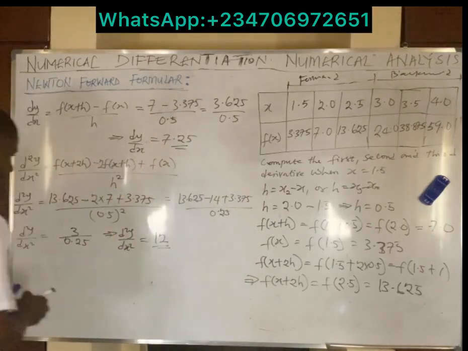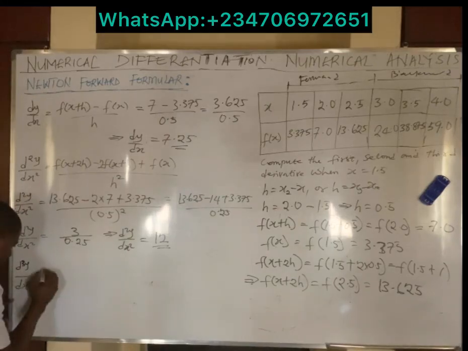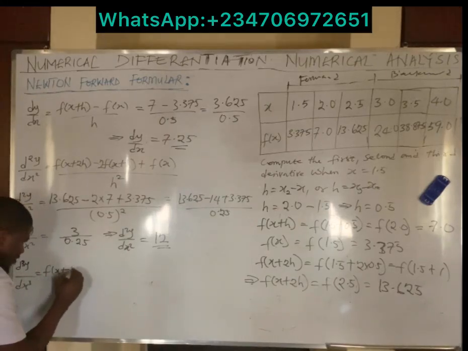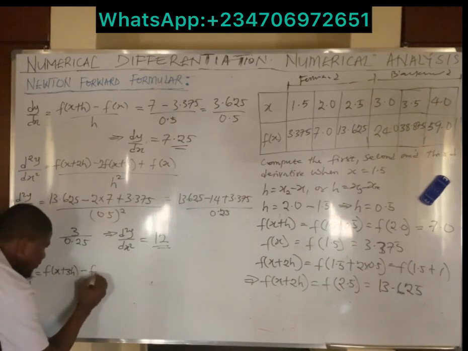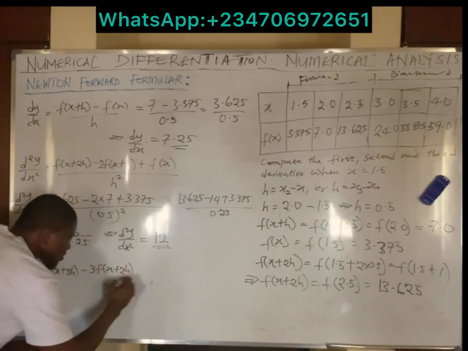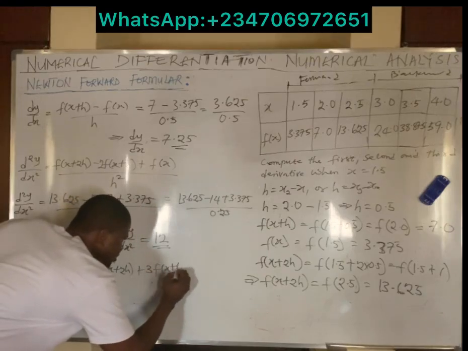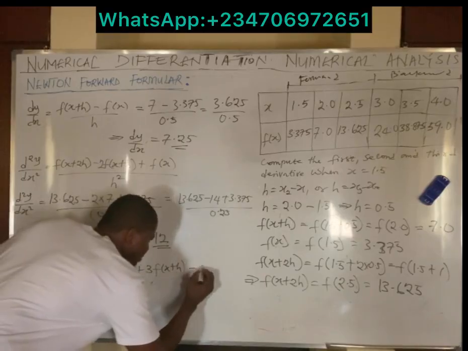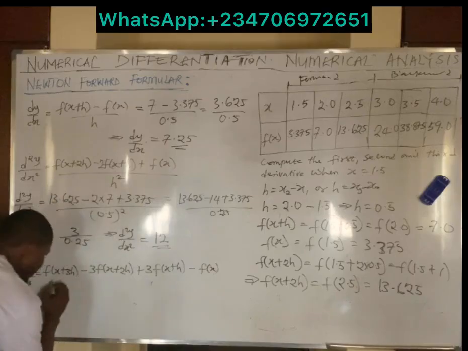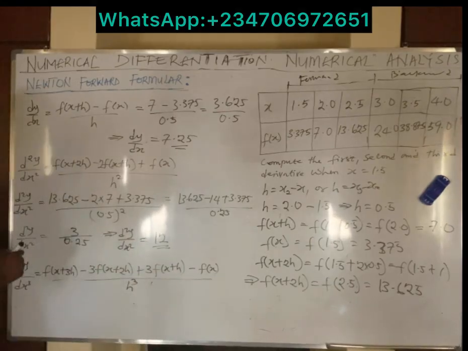Okay, so for the third derivative, the formula is d cubed y over dx cubed, which is equal to f(x+3h) minus 3f(x+2h) plus 3f(x+h) minus f(x), divided by h cubed. So all we are looking for now is simply f(x+3h).